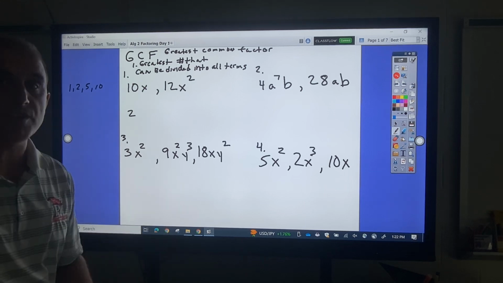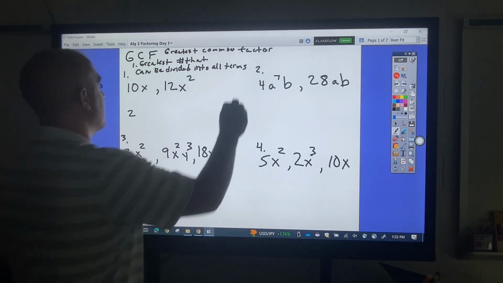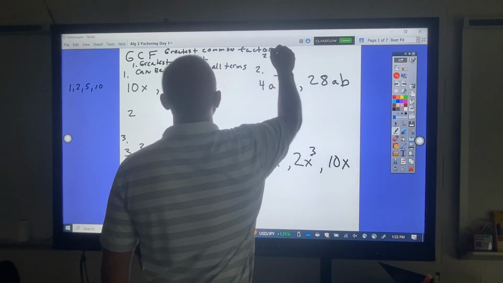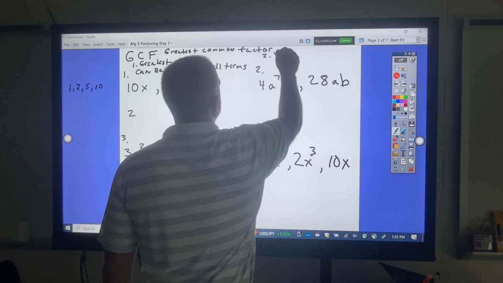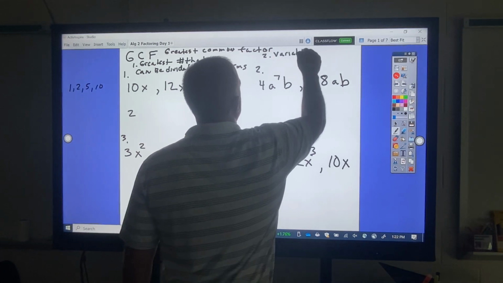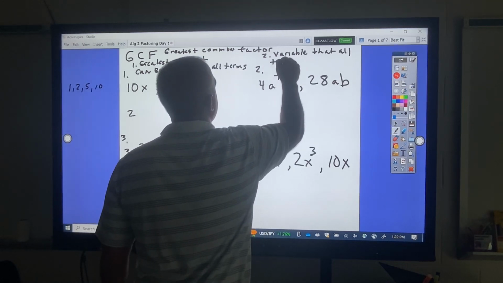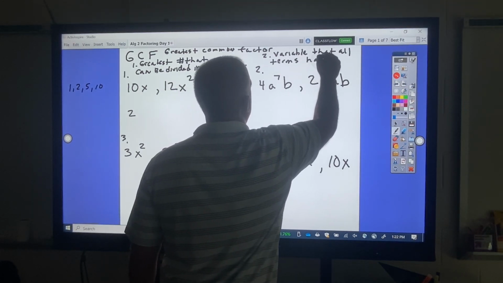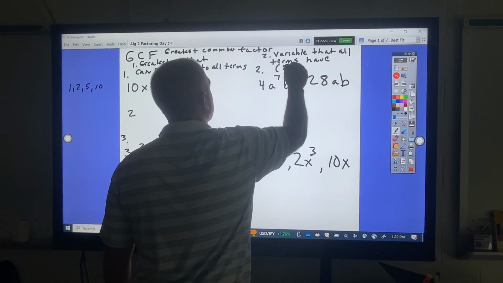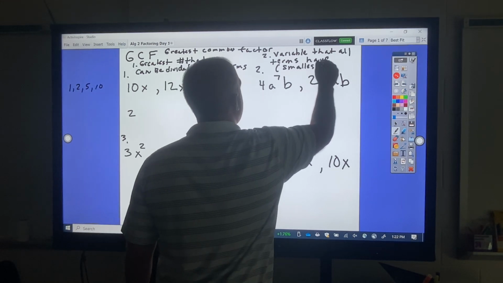The second part is the variable, and this is going to sound weird. It is a variable that all terms have. Now here's the weird part. You pick the smallest exponent.